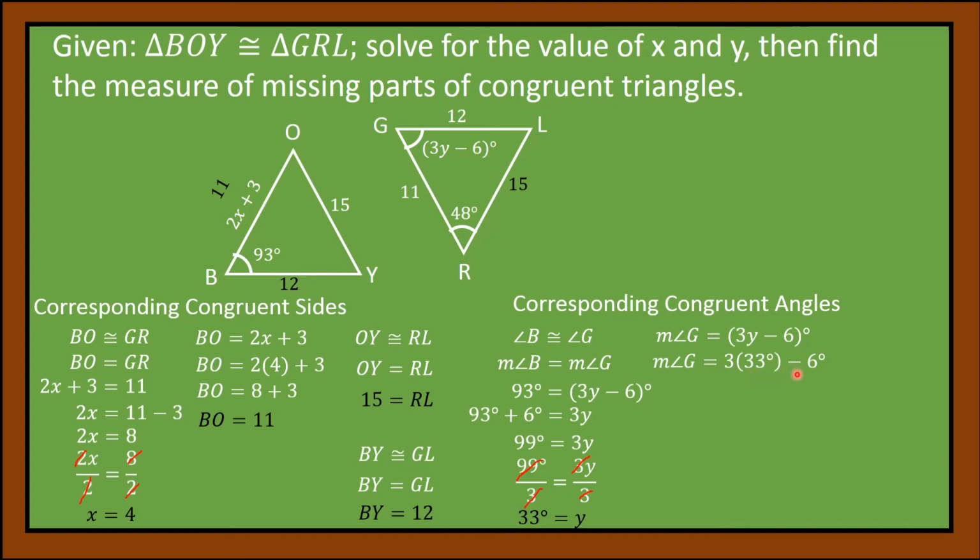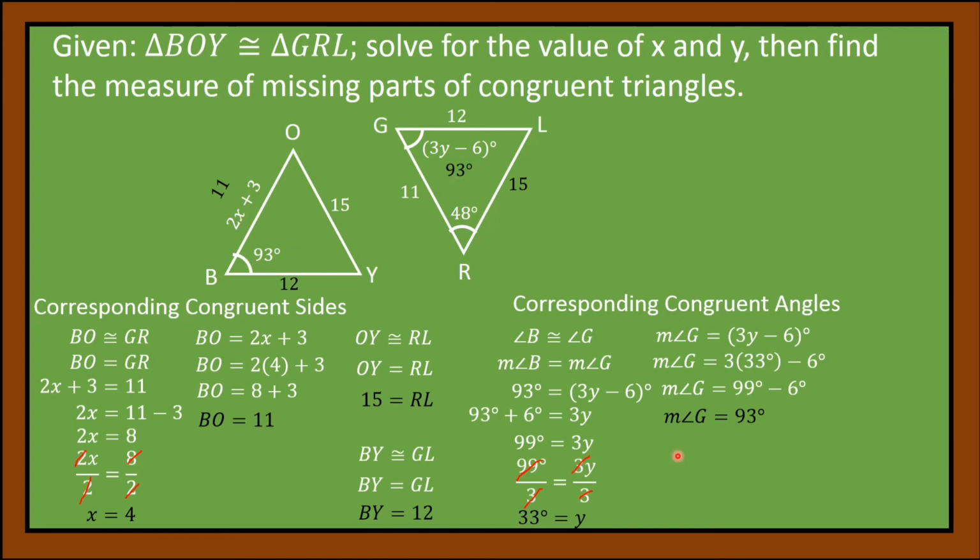And then, copy the minus 6. So, we have 3 times 33, so we have here 99 degrees minus 6. So, the measure of angle G is now equal to 93 degrees. So, it means that angle G is equal to 93 degrees, the same as the measure of our angle B.